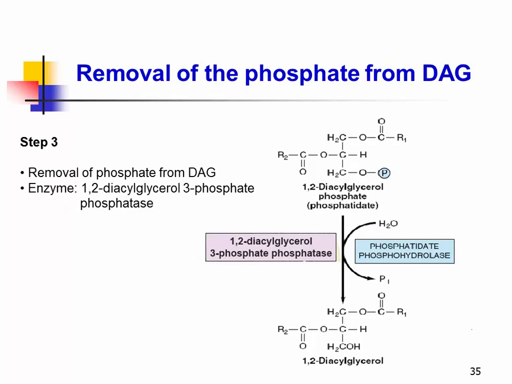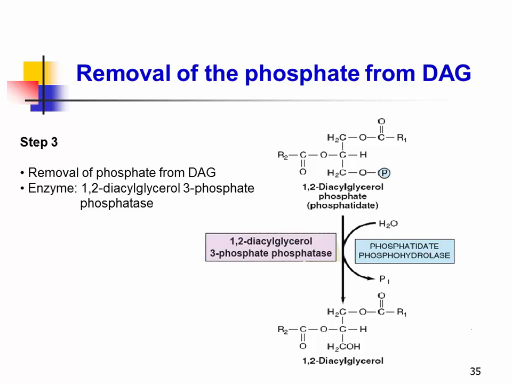Our last step is adding the third fatty acyl-CoA to the SN3 position. Remember that the backbone is glycerol 3 phosphate, right? So at the SN3 position, there is a phosphate group. So before we add the third fatty acid to the glycerol backbone, we need to remove this phosphate first.